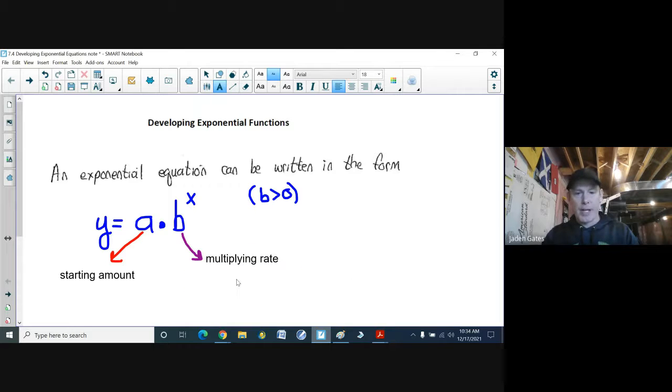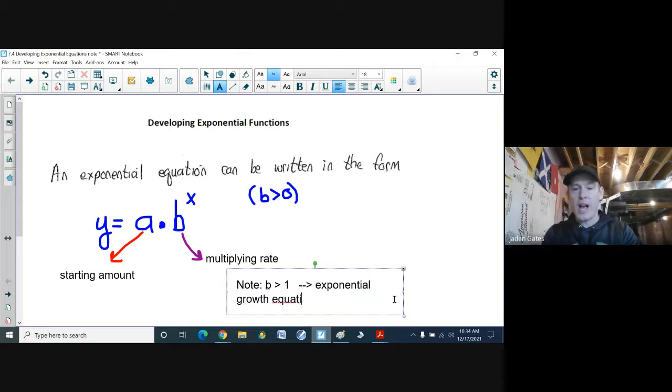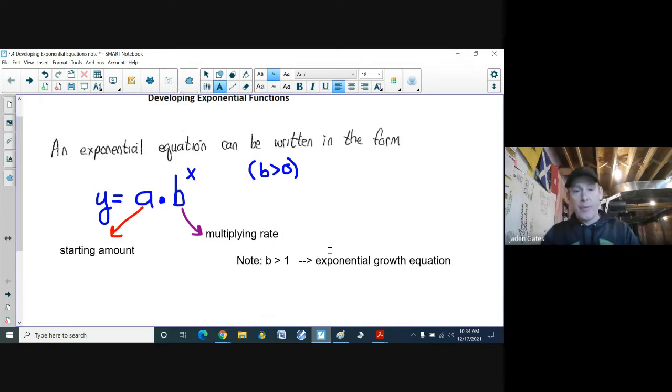Now, a couple of things with the multiplying rate is that when b is greater than 1, that's when we have an exponential growth equation. So you won't even have to look at a graph. You can just tell by looking at the equation that if your b value is greater than 1, you have an exponential growth equation.